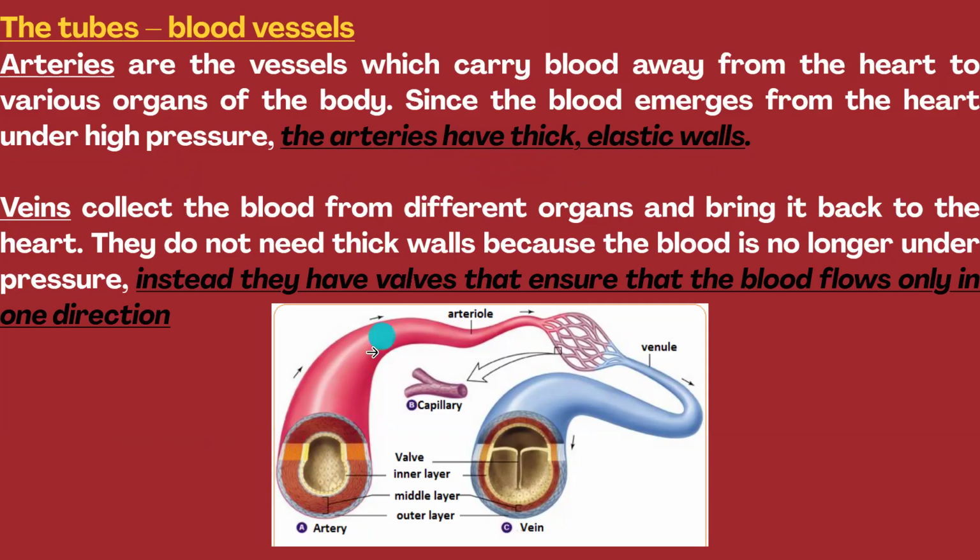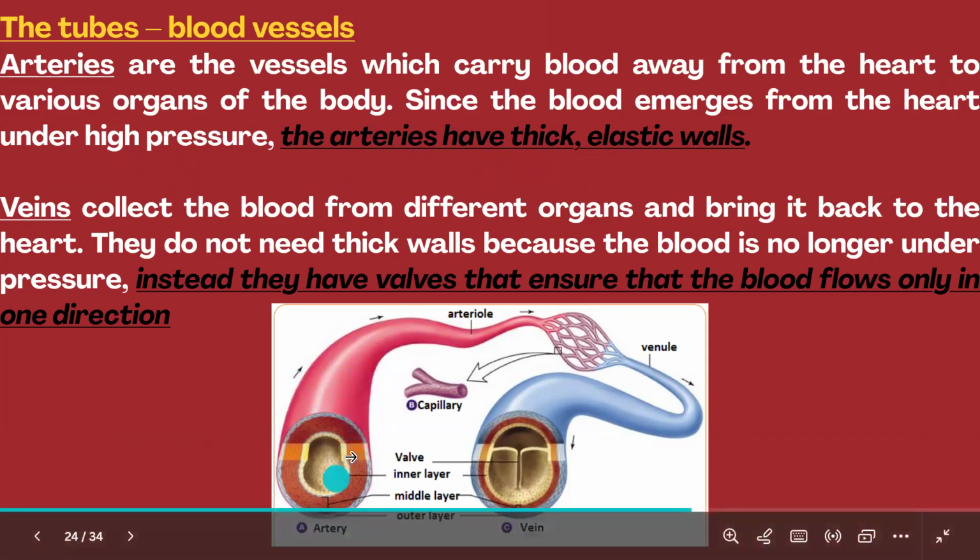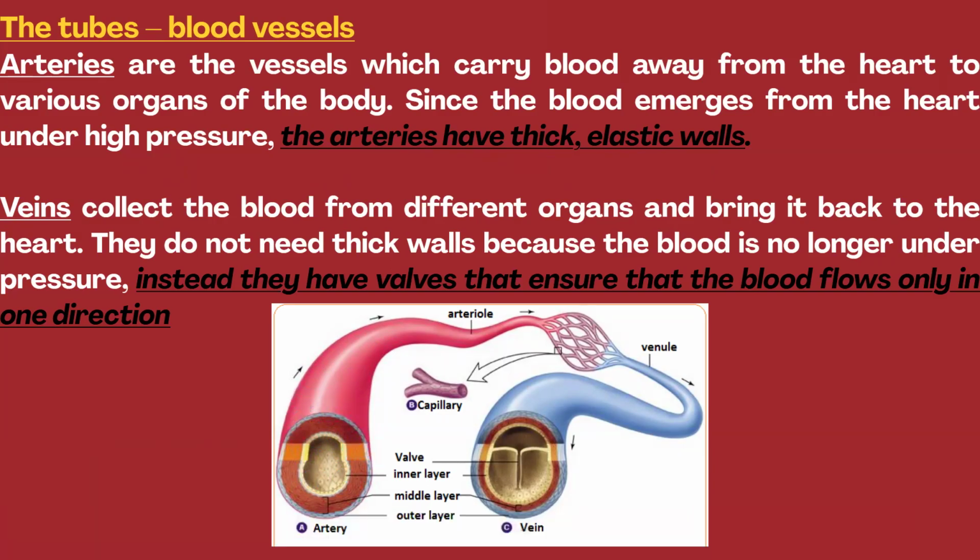Inside the arteries, the blood flows under high pressure. That's the reason for the thick, elastic walls. And we have another blood vessel called the veins. The function of the veins is to collect the blood from the different organs and bring it back to the heart.